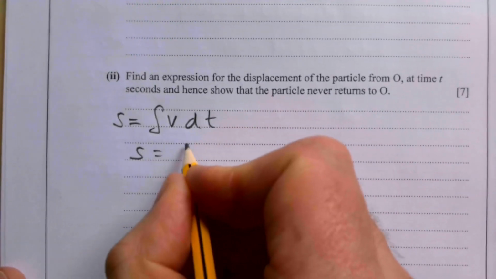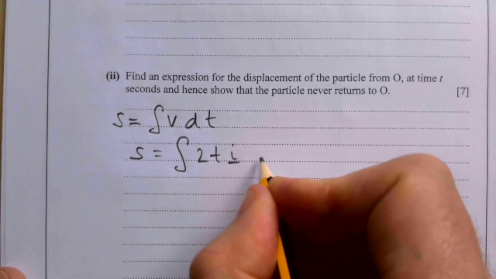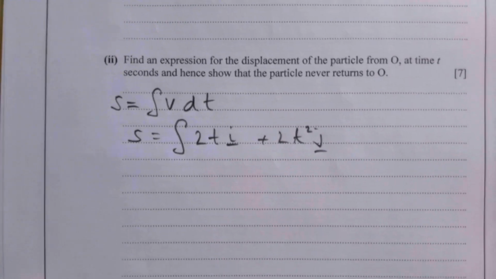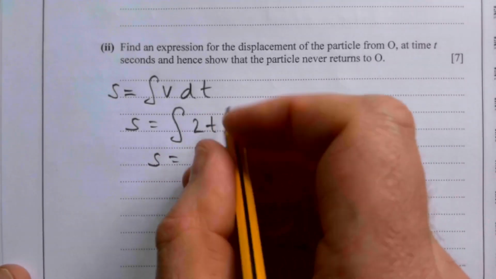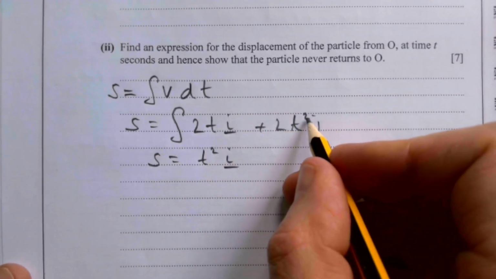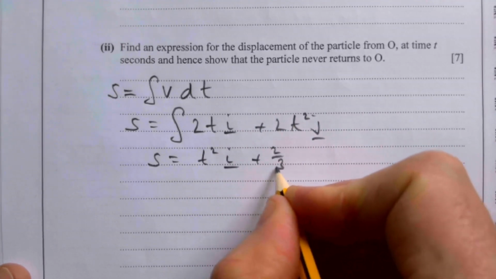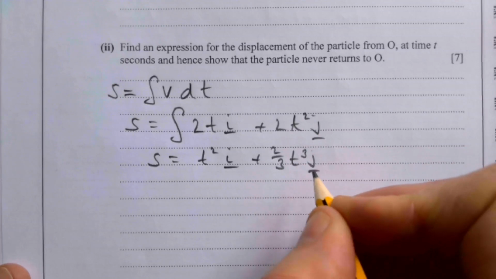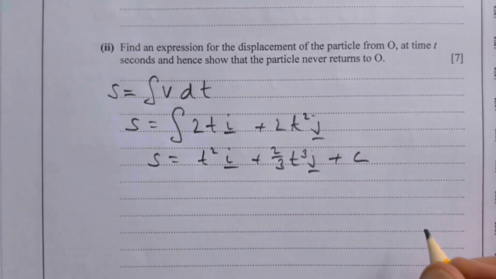So S is the integral of 2ti plus 2t squared j. Integrating that, add 1 to the power, divide by the new power, gives me t squared i. Add 1 to the power gives me 3, divide by the new power, so it's plus 2 thirds t cubed j, and then plus c.